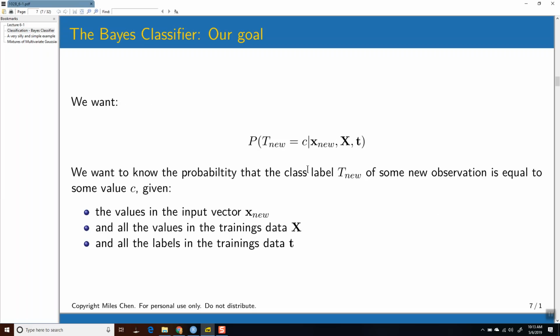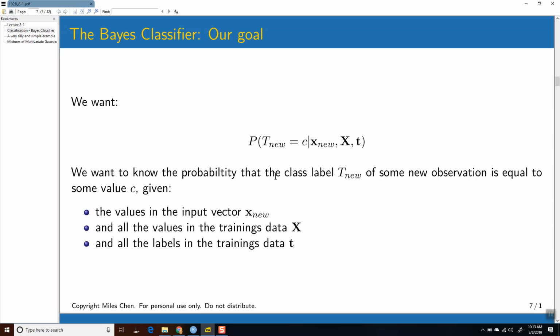And so when we do the Bayes classifier, this is what we want. We want the probability that some new observation, where we've got the values in the input vector x new, belongs to class C, whether that's class 1, 2, or 3, or class A, B, or C, or versicolor, setosa, or virginica.